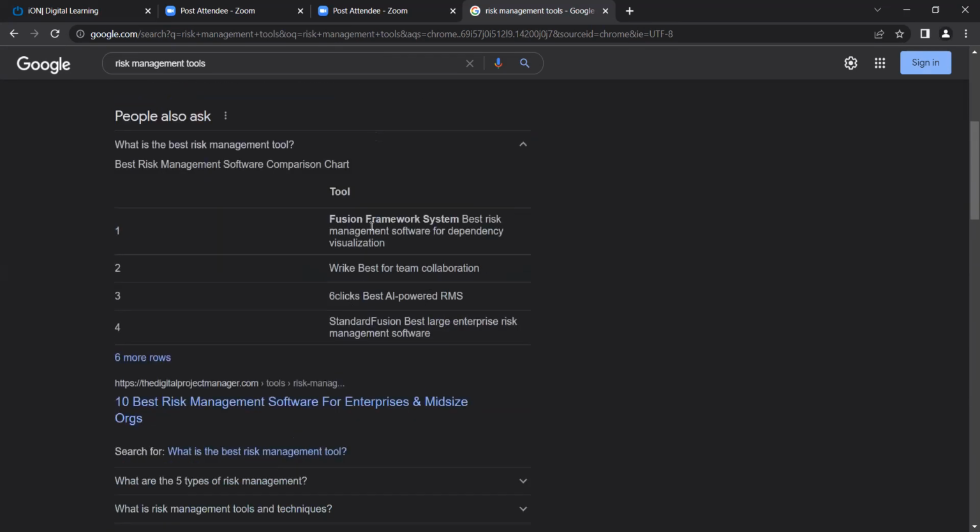So these are the 4 tools. See how easily you get the 4 tools for risk management. It's that easy. If you click on 6 rows, you will get 6 more tools. Okay, now it depends upon you which you need to pick, because you got the 10 best risk management software very easily.